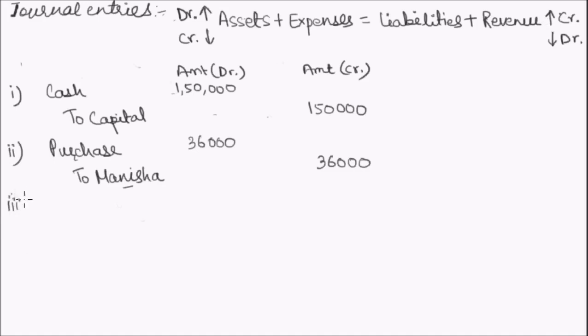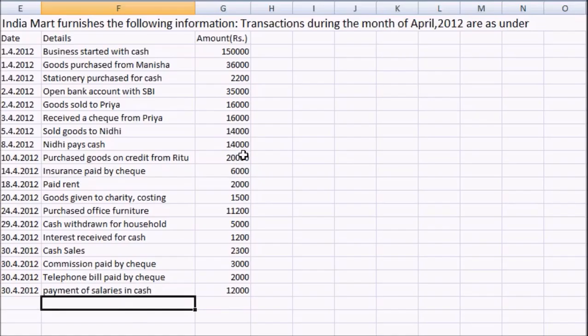Now we'll understand the third entry. The third transaction is stationery purchased for cash. Now we can understand that there are two accounts involved in this transaction. First one is stationery and second one is cash. Both the accounts are assets.